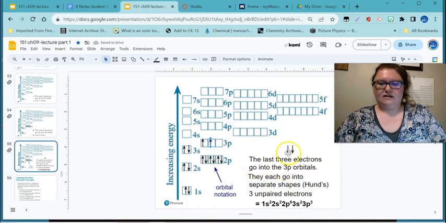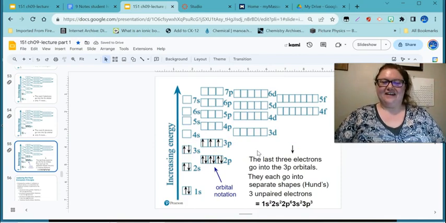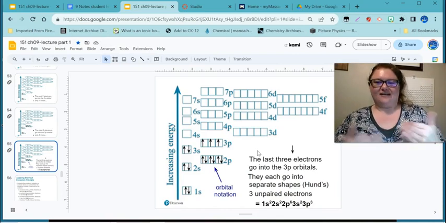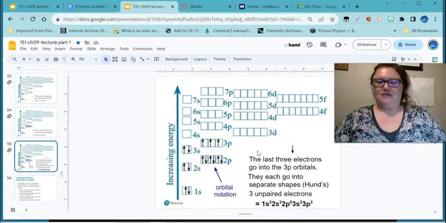Through the magic of television, we flip one of those like that and slide them right there. And so there we have the orbital or Aufbau. You're probably going to hear me say Aufbau more because that's how I learned. But anyway, the Aufbau diagram for phosphorus.